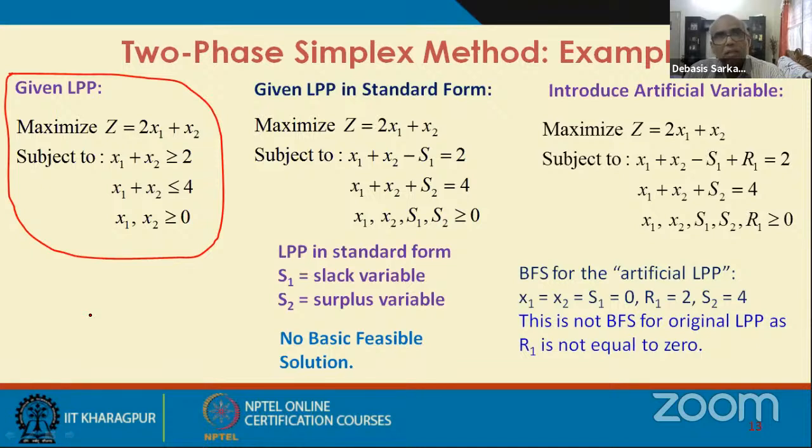To make things simple, I am taking a different problem than the one that we have been discussing. I have two equations here. Note the presence of this less than or equal to type constraint, and greater than or equal to type constraint.